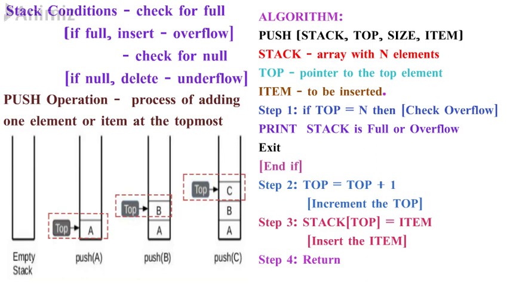Then in that position, stack of top. Suppose your top is 4. You are going to insert an element. Now your top will become 5. And then when you come for step 3, stack of 5 is equal to the particular item that has to be inserted. Then after inserting, you return.